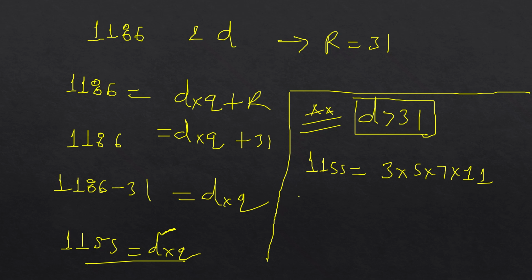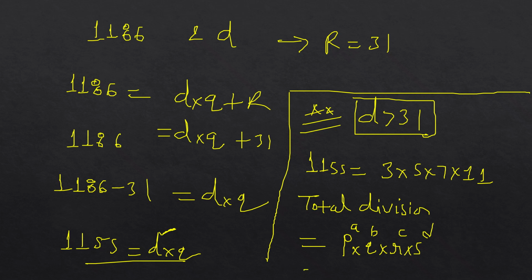So now we will find the total divisors. And what is the formula for total divisors? Suppose we have P, Q, R, S as prime numbers with powers A, B, C, D. Then total divisors is A plus 1 multiplied by B plus 1, C plus 1 and D plus 1.